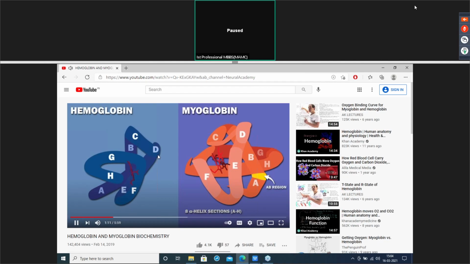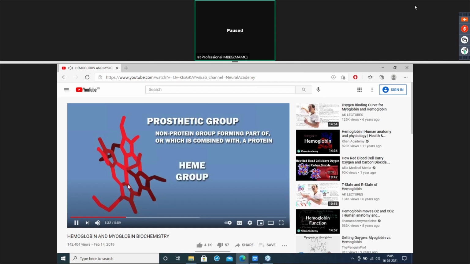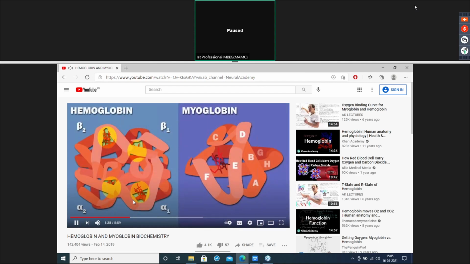A, B, C, D, E, F, G, H. 8 helical regions. This is heme moiety. This is central iron bound to the 4 nitrogen and 2 more coordinate valencies, one with iron and another with the proximal histidine.